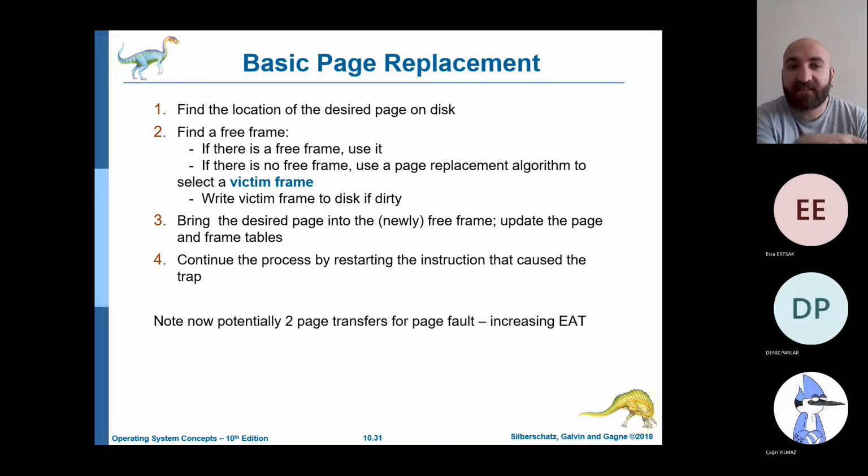If the modify bit is not set, that means the page has not been modified since we brought it from secondary storage to main memory. So in this case, we need not write the memory page to storage. It's already there. So we can save some time instead of creating a page out mechanism here, because it's already on the secondary storage.